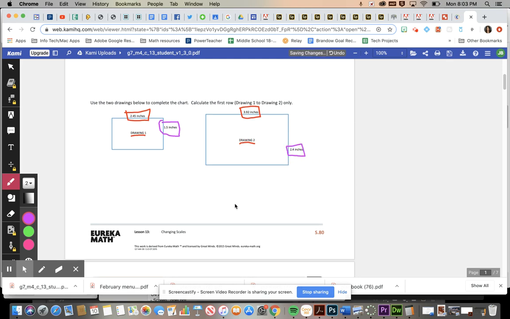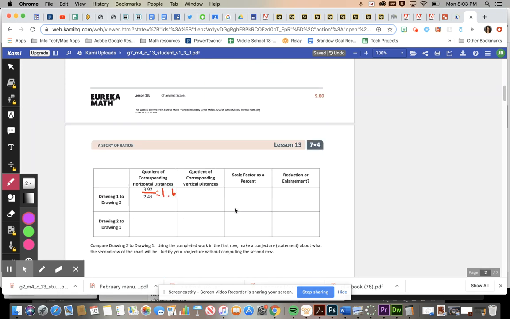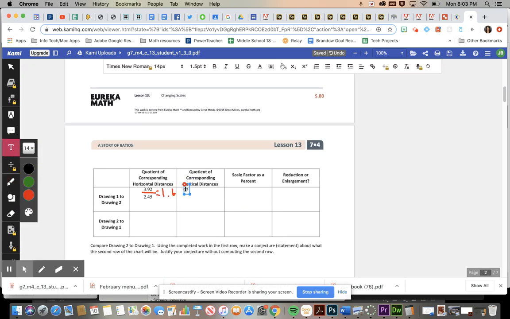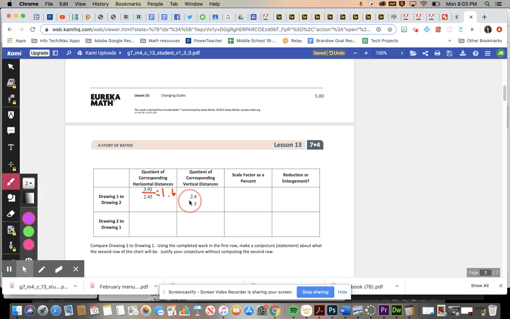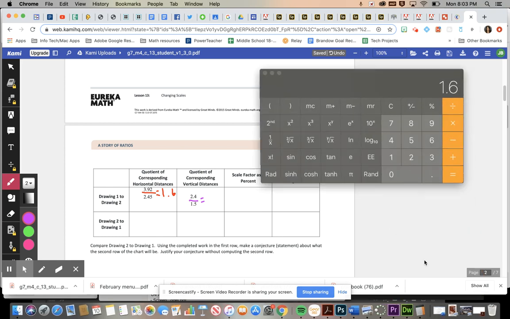Scale comes first, so 2.4 divided by 1.5. Put this down a little bit and divide those. 2.4 divided by 1.5.